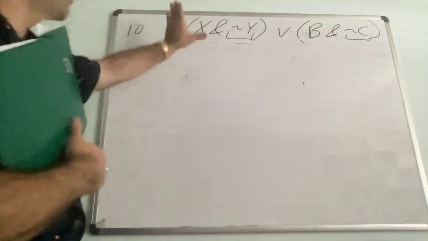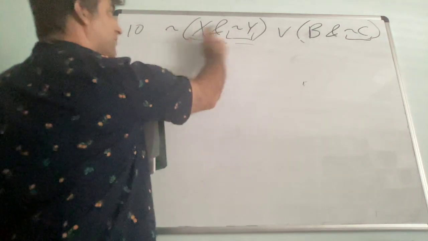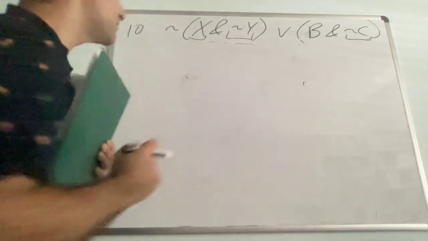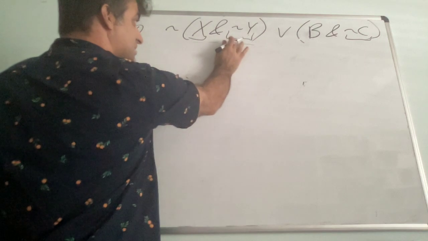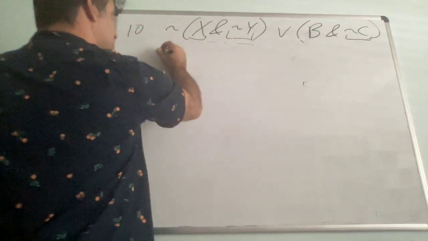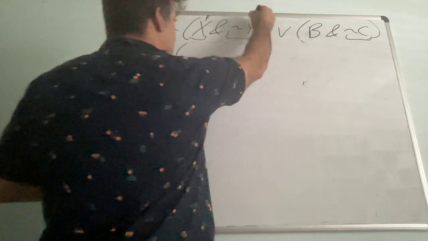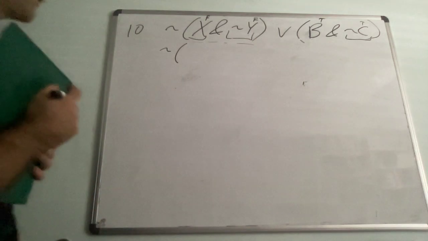So now when you go inside the parentheses, you have to deal with this negation. Let's just deal with this negation and keep everything else the same. Not, we have false, false, true, true.